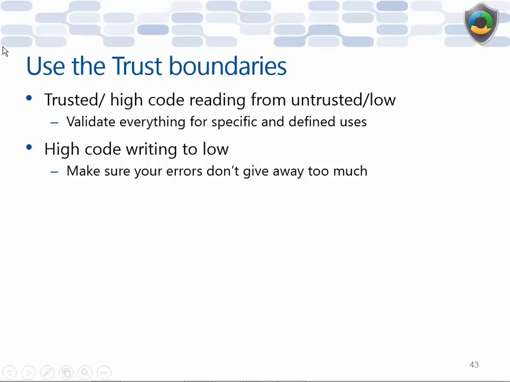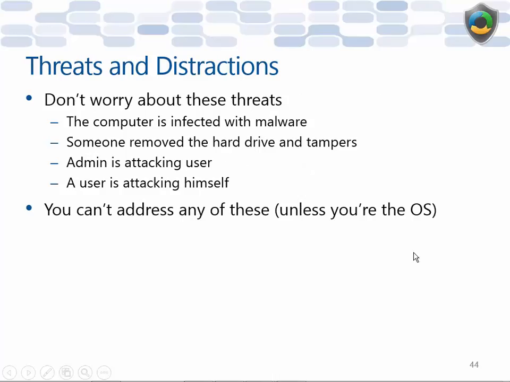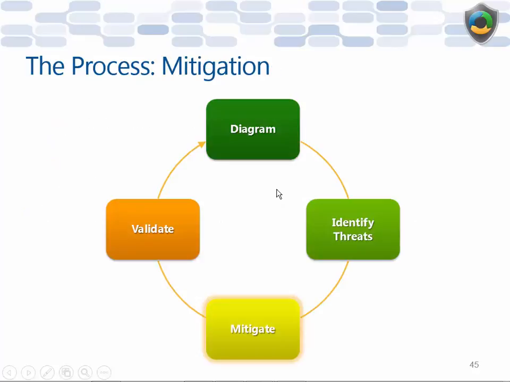Make sure your errors don't give away too much, so write generic error messages. Notice what it says, don't worry about these threats. Some things you're not going to have control over: a user attacking themselves, an admin attacking a user. Unless you're the operating system, as it says, you probably won't be able to do too much about these.